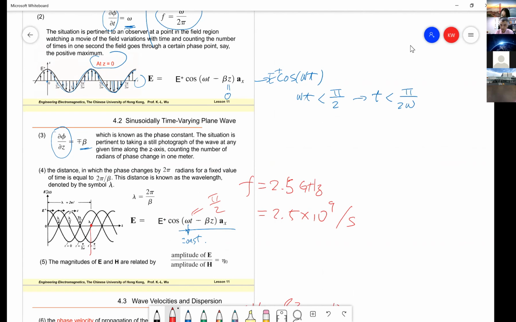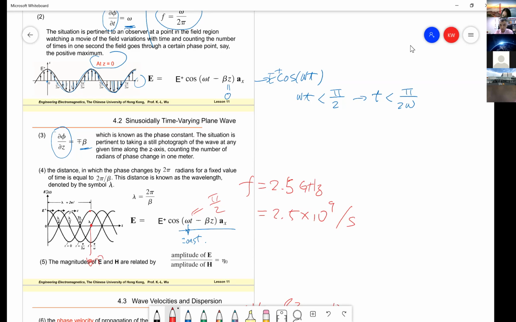This is my observation point. This is my eyes. I observe the field at this location. Then at t equal to 0, this is positive. That means it points upward.